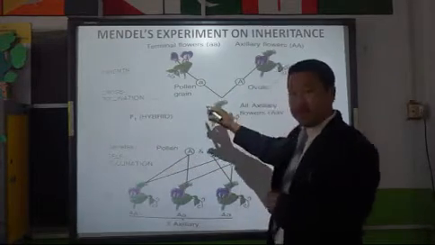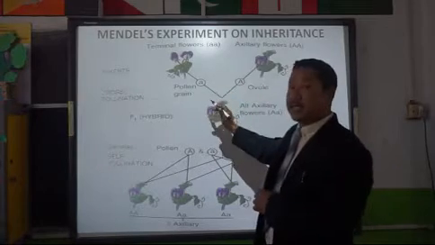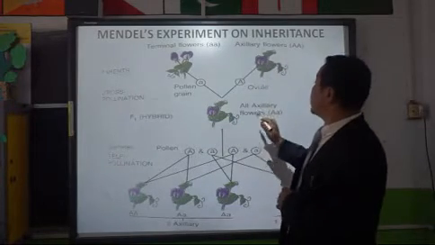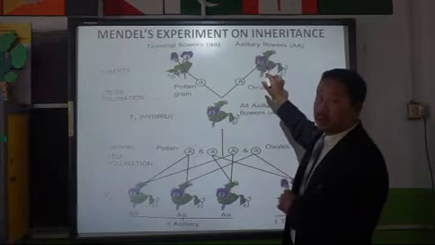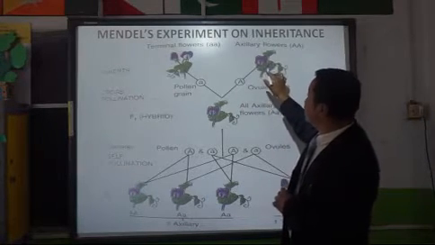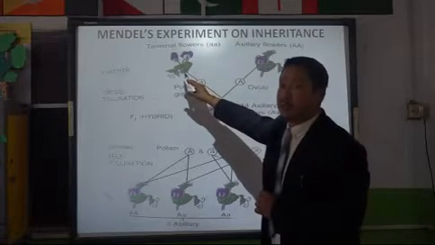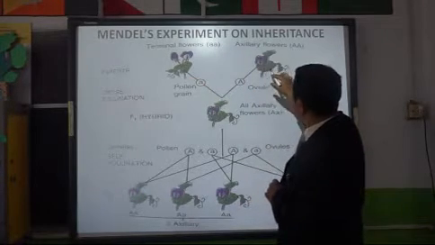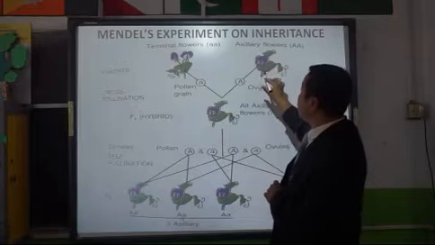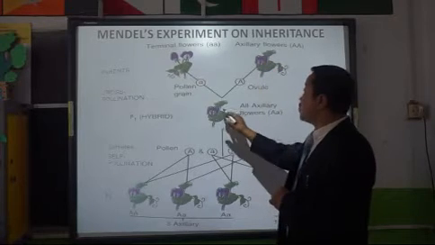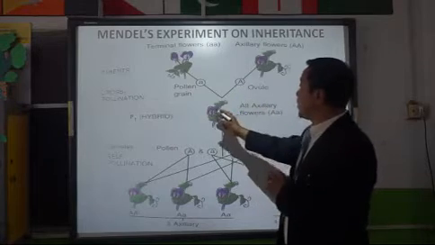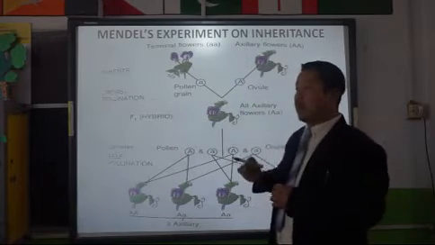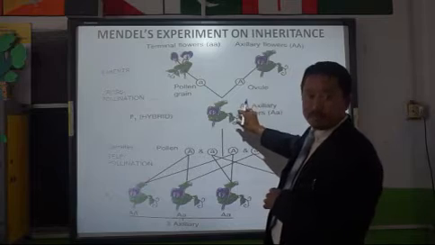And all those pea plants in the first generation were having axillary flowers. Axillary flowers means this flower was dominant over the other flower. So this character of having the flower in the axil was seen in the first generation. All the pea plants were having the axillary flowers in the first generation.